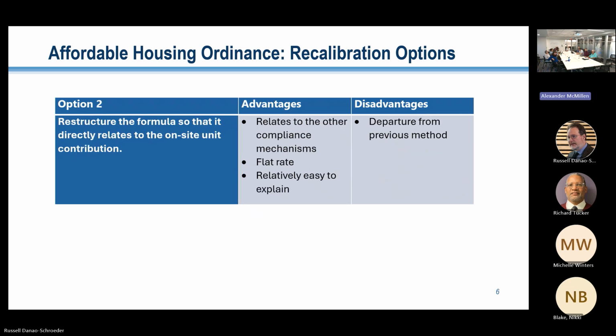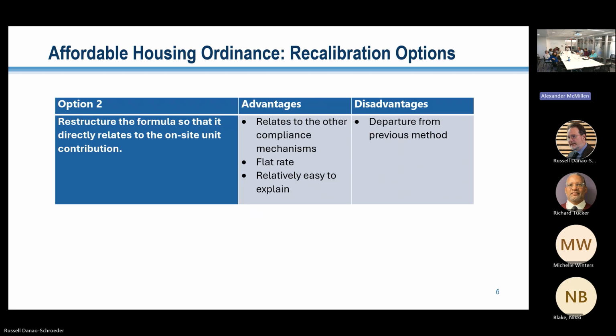A second option would be to restructure the formula so that it directly relates to that on-site unit contribution. The on-site unit contribution is based on that 5% above the first 1.0 FAR, 5% of the floor area. So a factor could be applied to that so that the two are relating to each other instead of being distinctly separate concepts.